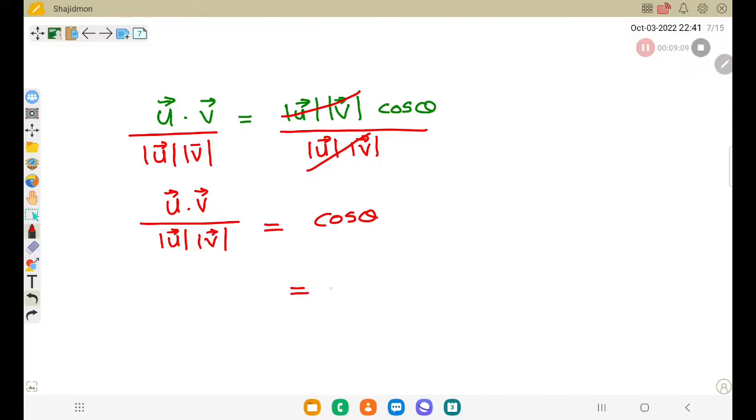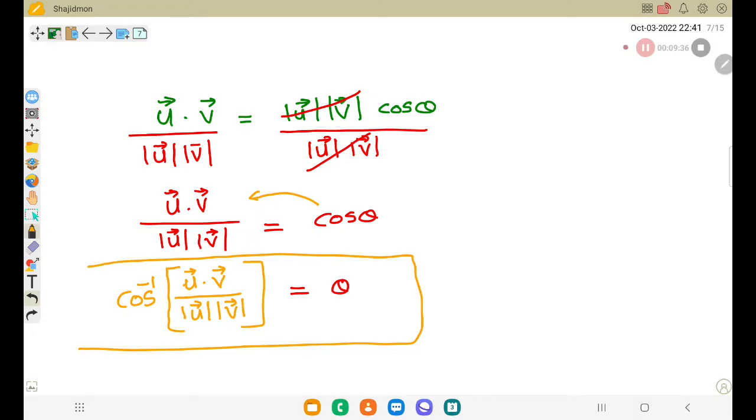Now from this, how can we write theta, because we need to find the angle theta, cosine taken to the other side, shift cosine, correct? Cosine inverse, in the calculator shift cosine, cosine inverse of u dot v divided by absolute u multiplied by absolute v. And this is the rule for finding the angle between two vectors. Theta equal to cosine inverse of u dot v divided by absolute u multiplied by absolute v.